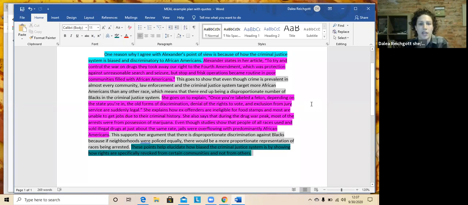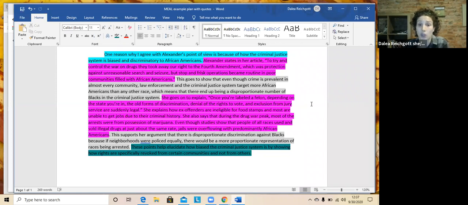So she goes on to explain, once you're labeled a felon, depending on the state you're in, the old forms of discrimination, denial of the rights to vote, and exclusion from jury service are suddenly legal. She explains how ex-offenders are ineligible for food stamps and most are unable to get jobs due to their criminal history.